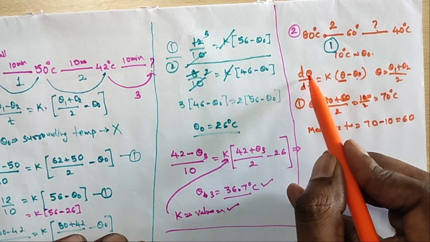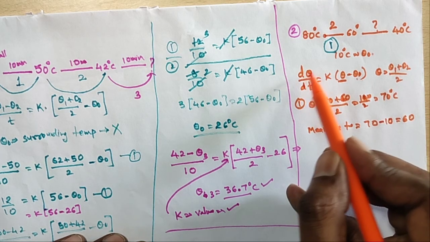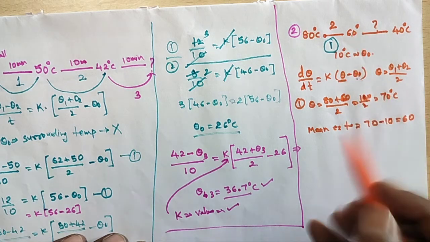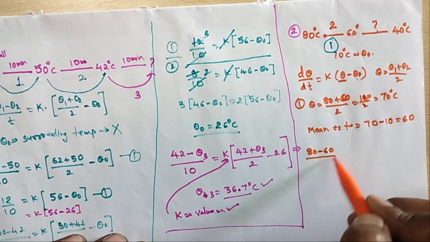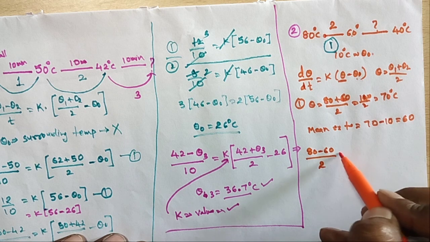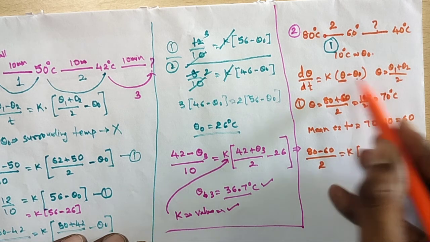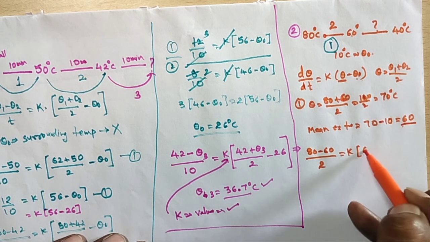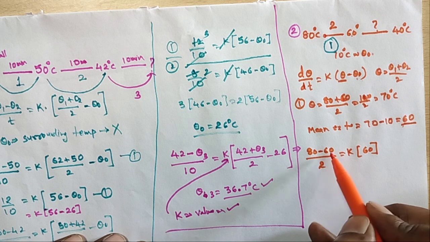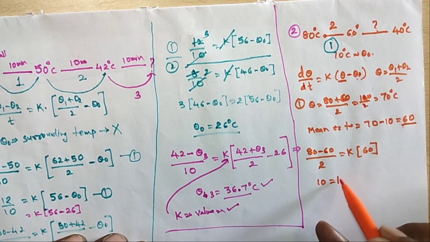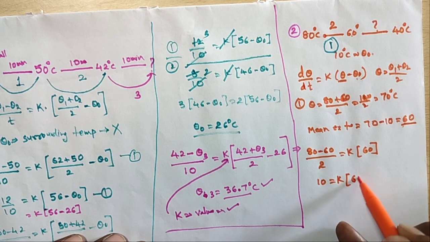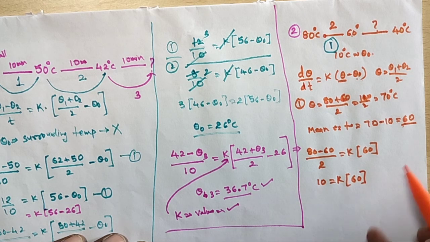So d theta by dt: d theta means change, 80 minus 60, by dt, how many minutes? 2. k into (theta minus theta naught) is equal to 60. So that is (80 minus 60) by 2, that is 10, is equal to k into 60. I am taking this as equation number 1.